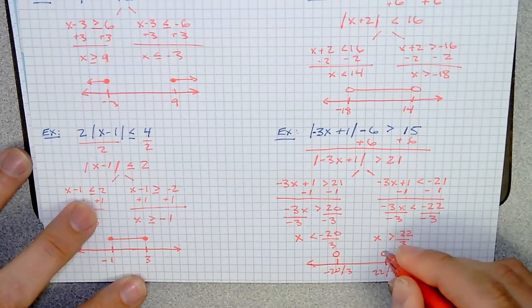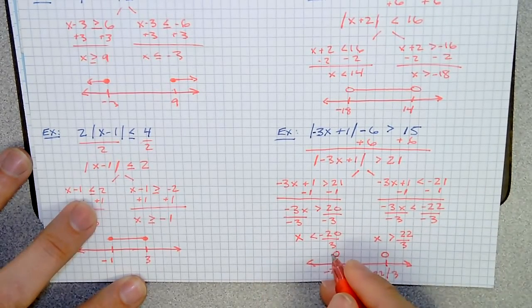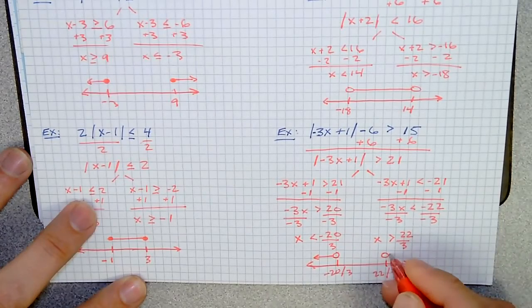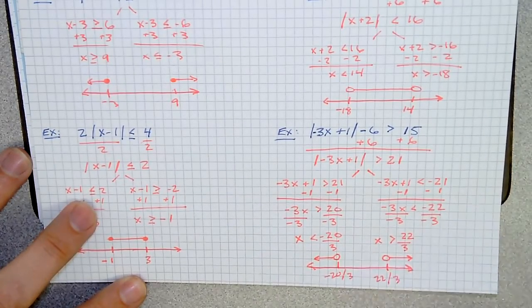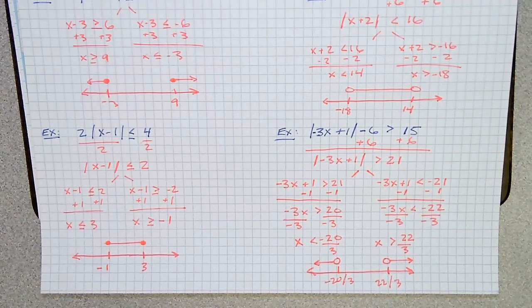I should be using open dots. Less than negative 20/3 goes to the left. Greater than positive 22/3 goes to the right. Okay, so just be aware, you can still flip the sign throughout these problems towards the end there.